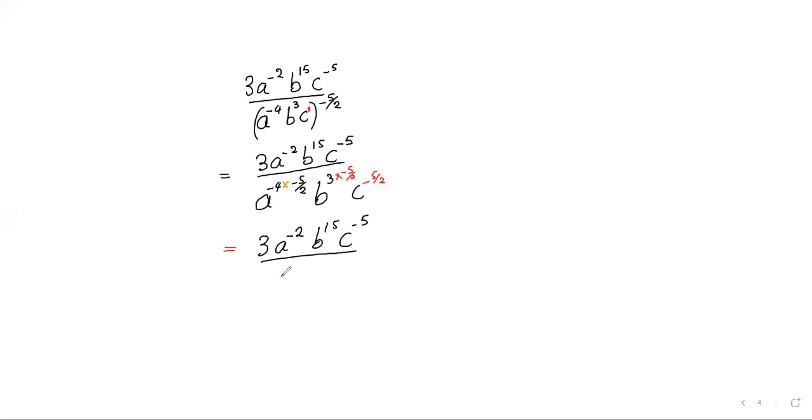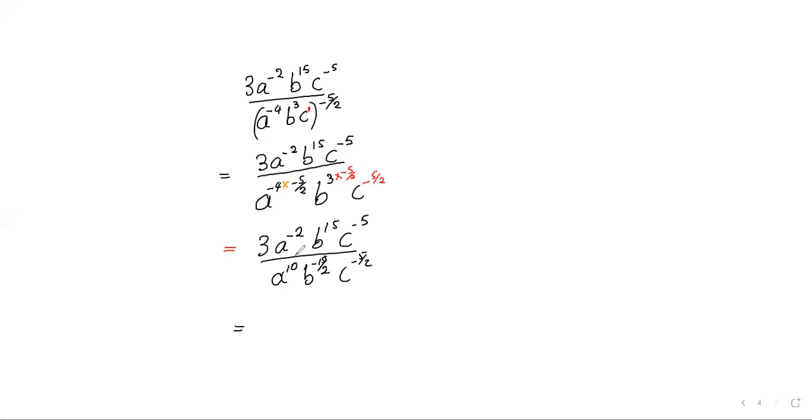This is going to be a negative multiplied by negative is positive. 2 times 5 is 10, or 4 times 5 is 20. 20 divided by 2 gives us 10. We come here, 5 times 3 is 15, negative 15 over 2, and c minus 5 over 2.